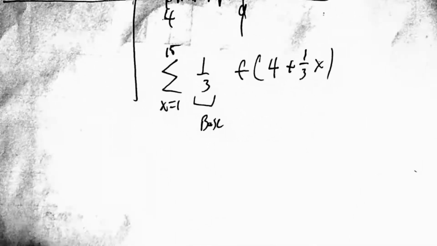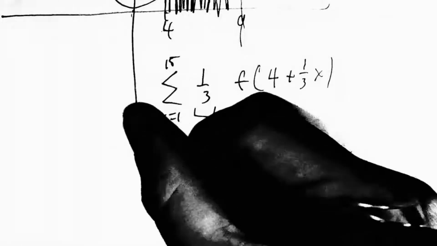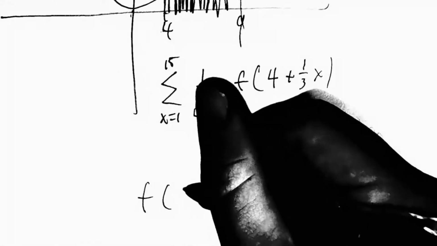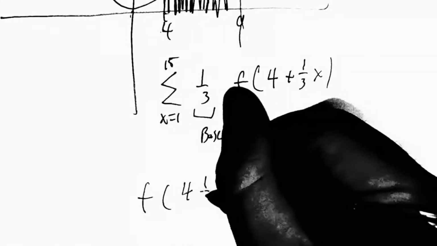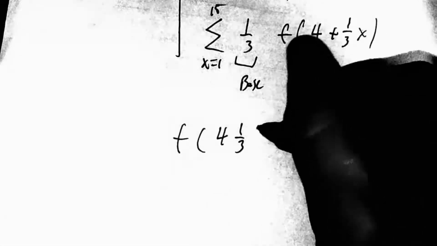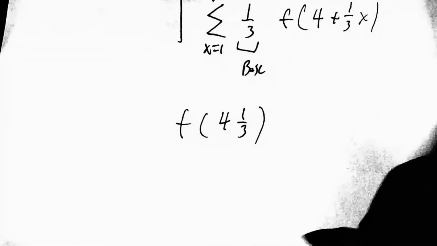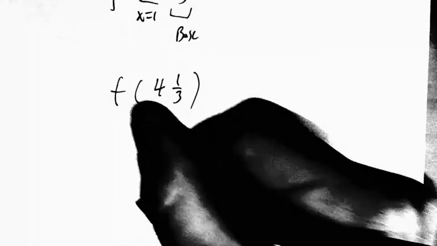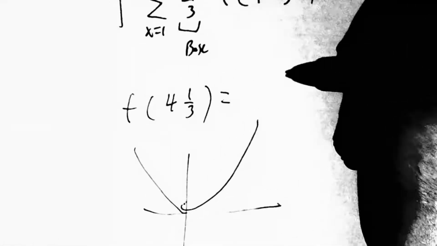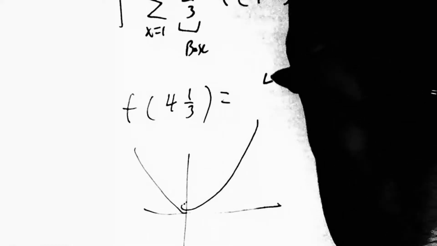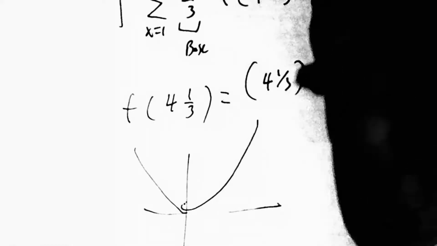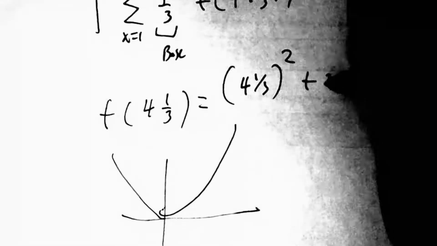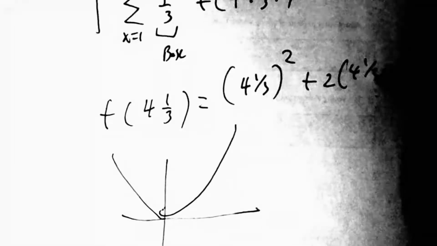So if we found f of 4 1/3, let's do this over here. This is the function. F of 4 1/3 would be 4 1/3 squared plus 2 times 4 1/3.